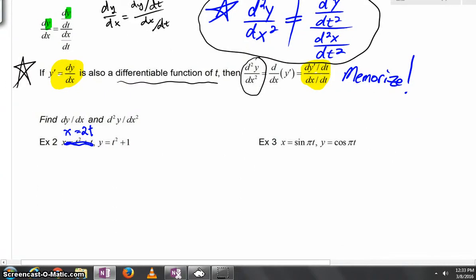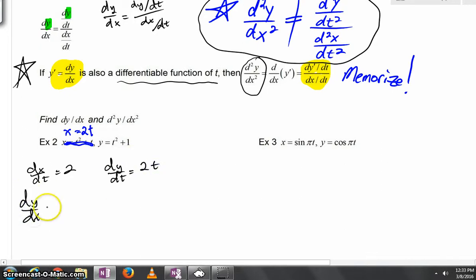Let's take a look real quickly at a first and second derivative and see what that might look like. For number 2, I'm changing this. x is equal to 2t, y is equal to t squared plus 1. dx/dt is simply going to be the derivative of 2t with respect to t. That's a 2. dy/dt, well, that's just going to be 2t itself.